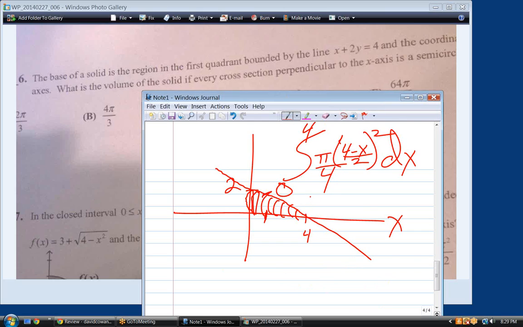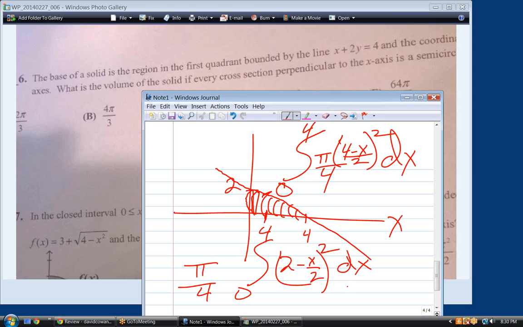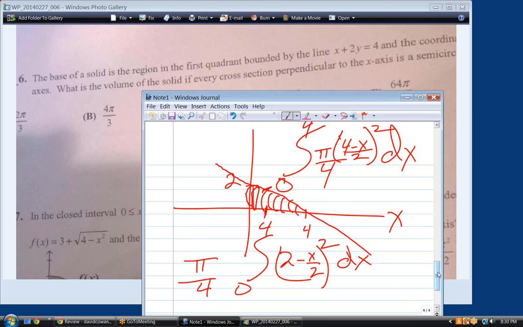Yeah, so let's take out the pi over 4, leaving from 0 to 4, and we have 2 minus x over 2 quantity squared dx, right?